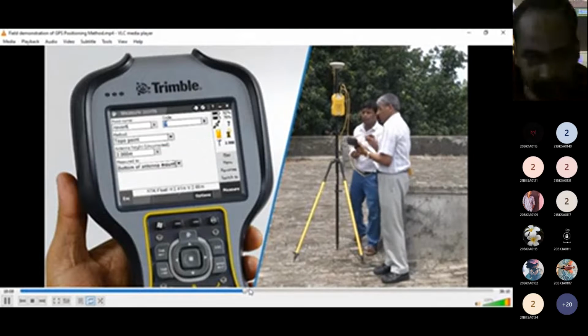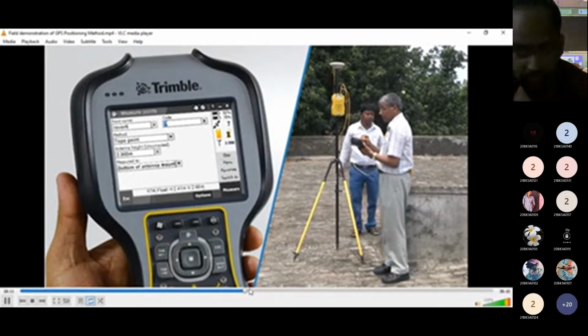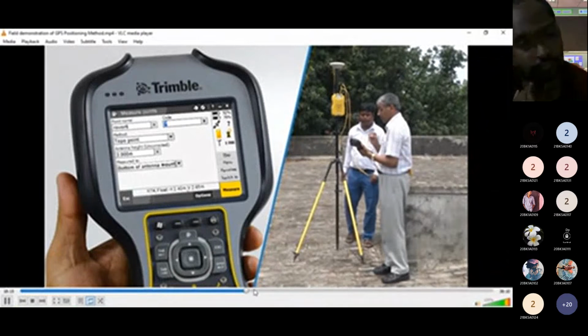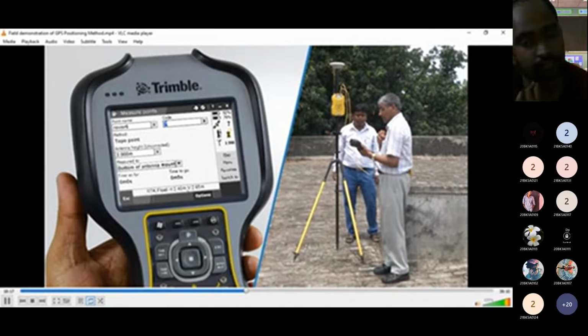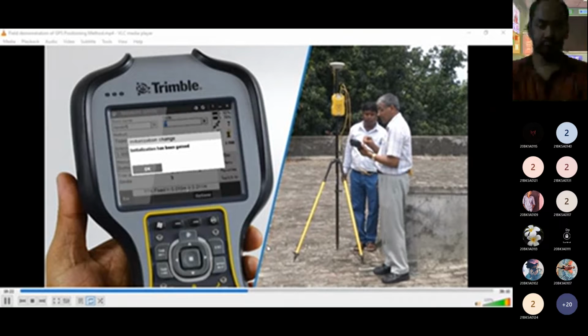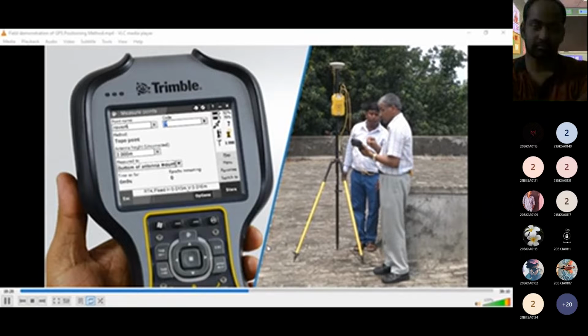So we have given this rover a name. So measure. As we have given the name, measurement is going on. Now you can see here RTK fixed, all this is given, so I can store it.